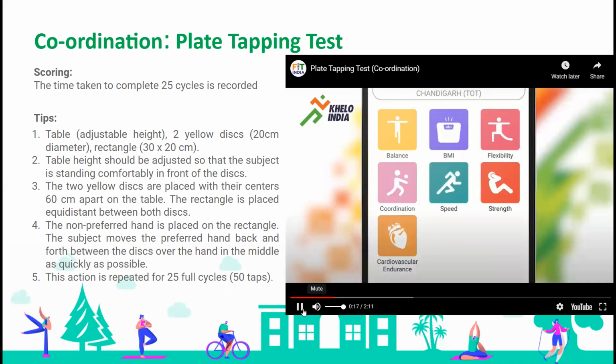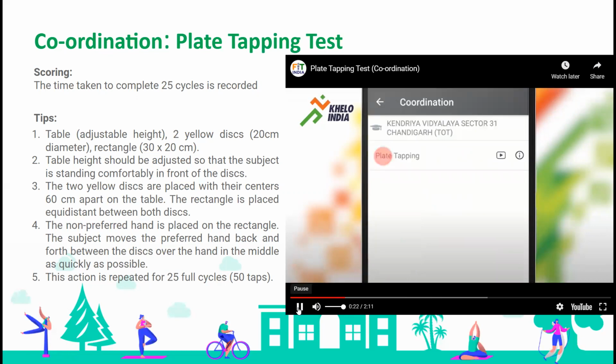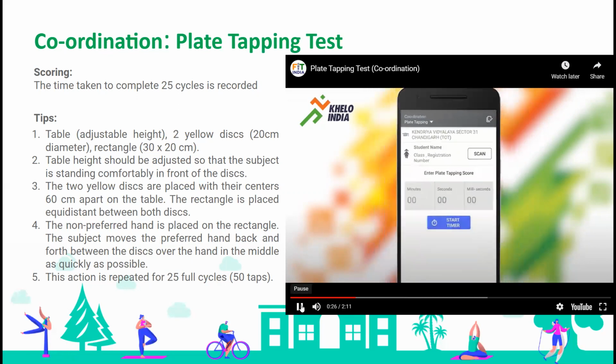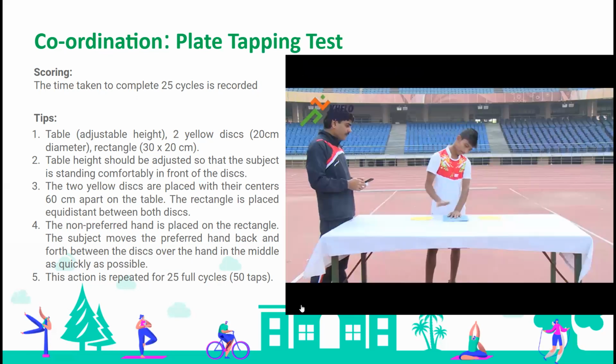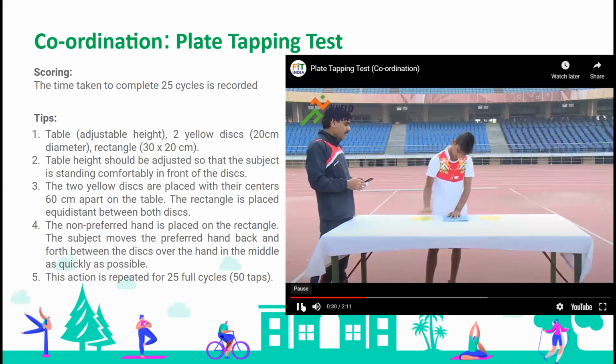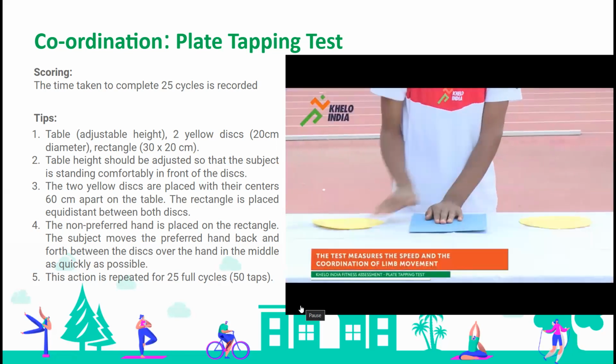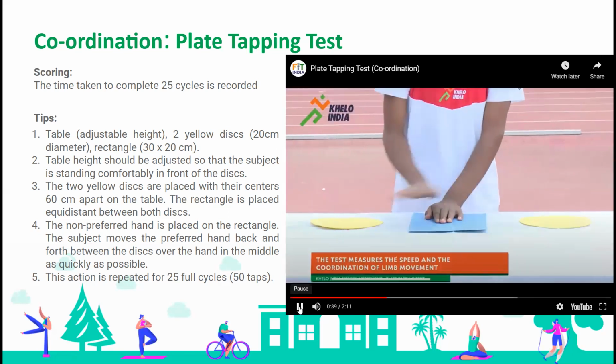From various test options, select Coordination and then tap on the plate tapping option. The app is now ready for the plate tapping test. The plate tapping test measures upper body reaction time and hand-eye quickness and coordination. It also assesses the speed and the coordination of limb movement.